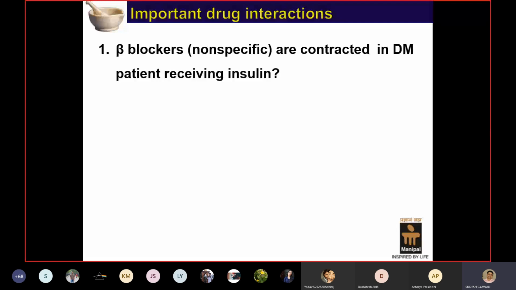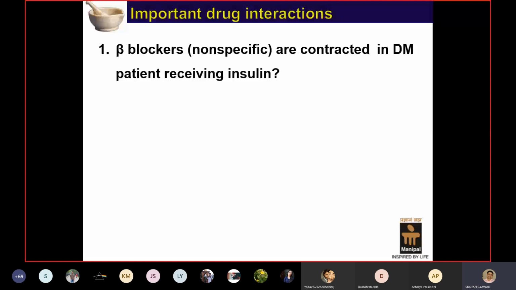The first symptoms to appear are sympathetic symptoms, and they are generally mediated by beta 1 and beta 2 receptors. Number two, the body will increase the adrenaline release, and that adrenaline will try to increase the blood glucose. That correction is facilitated by the beta 2 receptor.